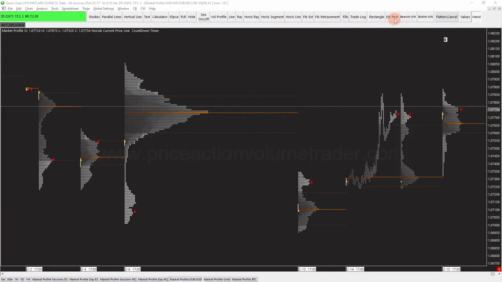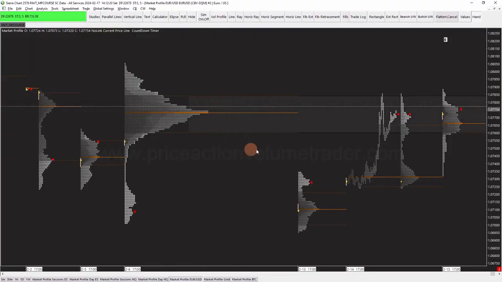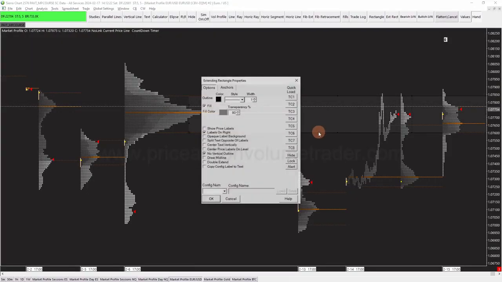And you can see right here how we have our valley area. Let me just mark this off here. Right there. Let me change the color of this.